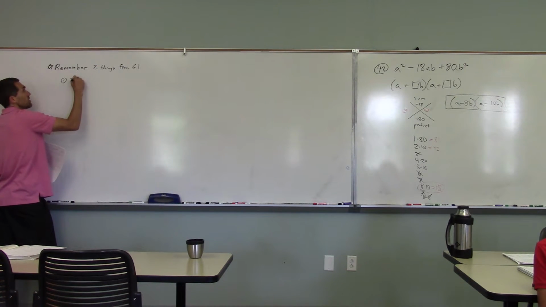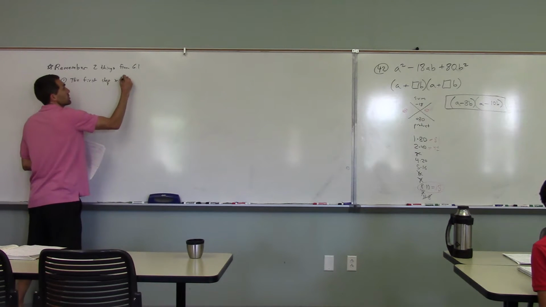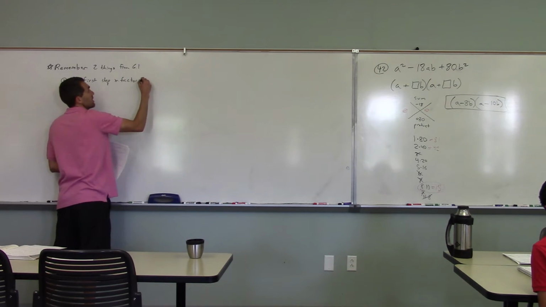One is, let's write it this way. The first step in factoring is always take out the GCF.